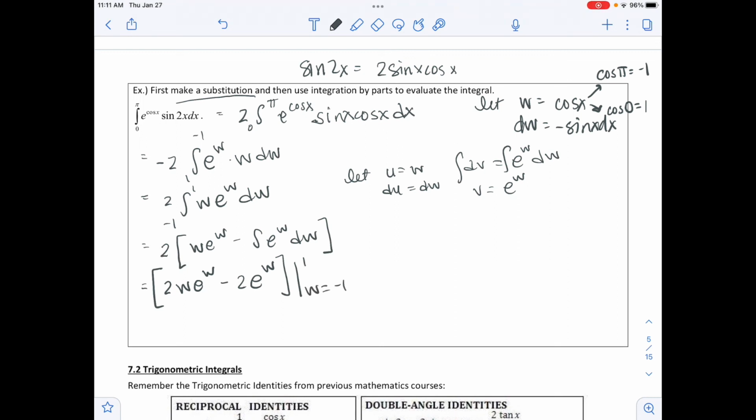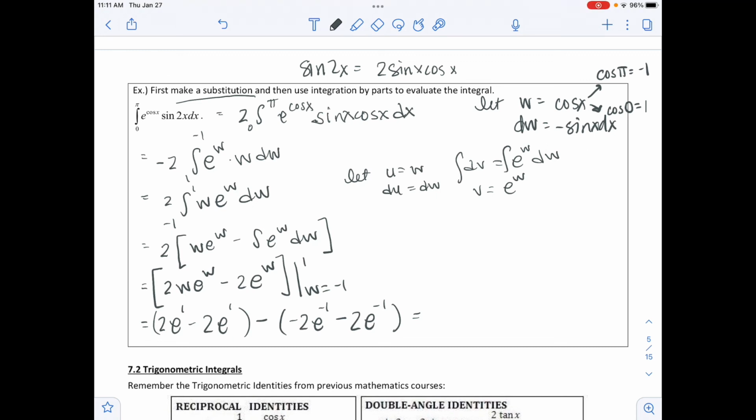Substituting in our upper limit of integration, we have 1. So it's going to be 2 times 1, which is just 2, e to the first, minus 2e to the first. Then minus, and we need to substitute in -1. So we have 2 times -1, or -2, e to the -1, minus 2e to the -1.